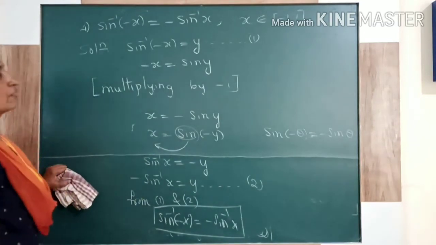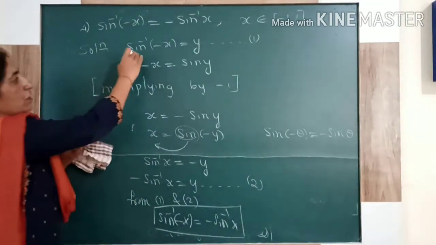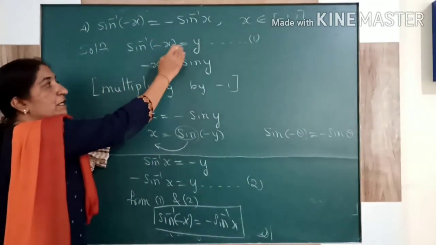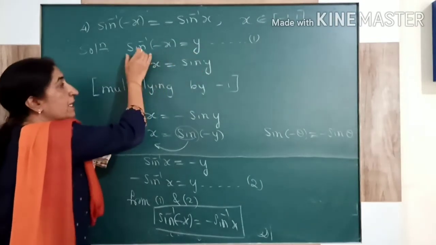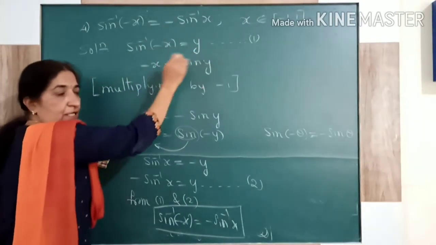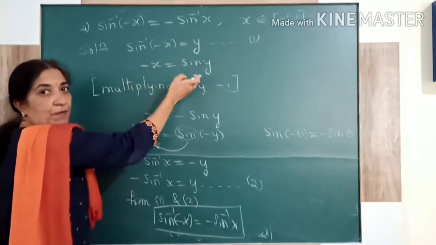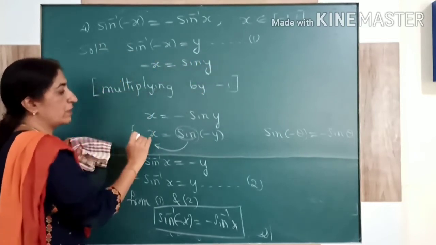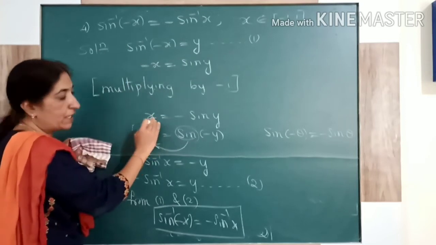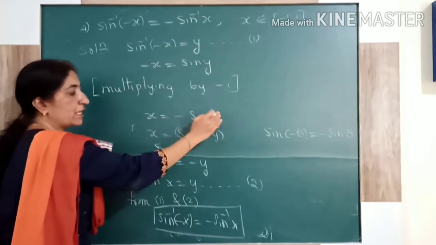See, once again I am explaining the solution. Sin inverse of minus x is equal to y. Take only sin inverse on that side: minus x is equal to sin y. Multiply both sides by minus 1. After multiplying, you will get x is equal to minus sin y.